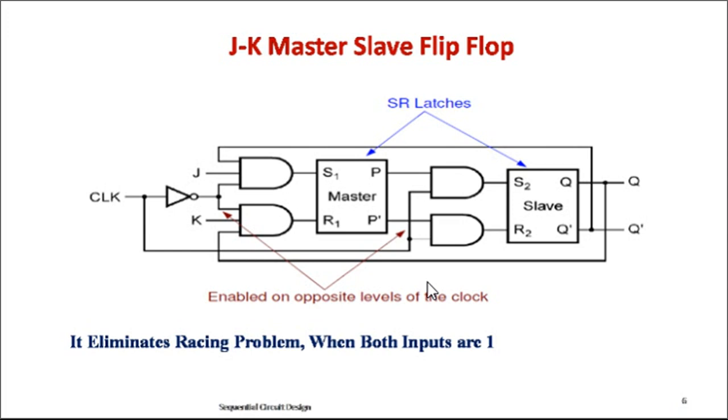Now J is equal to 1, K is equal to 1, then Q is equal to 1, and after another small delta t interval, the output will go back to Q is equal to 0. Hence we can conclude that for the duration of the clock pulse, the output will oscillate back and forth between 0 and 1.